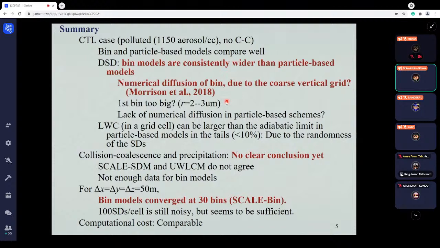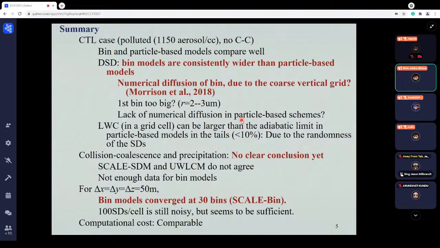And there are other possibilities. One would be the too big fast beam, and another possibility would be the lack of numerical diffusion of particle-based schemes.